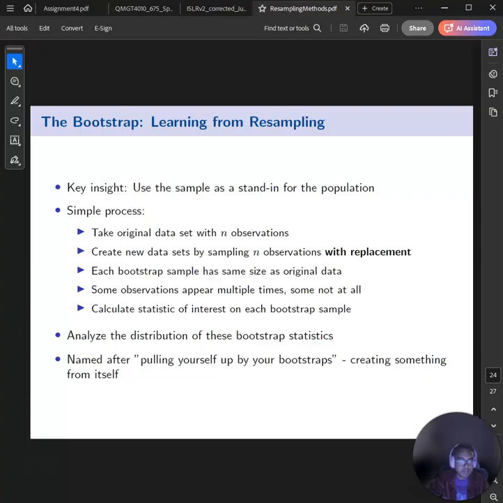We are using the sample to learn more about the sampling distribution without collecting additional data. This technique has revolutionized statistical inference by providing computational approaches to problems that were previously solved using mathematical approximations that often relied on restrictive assumptions.